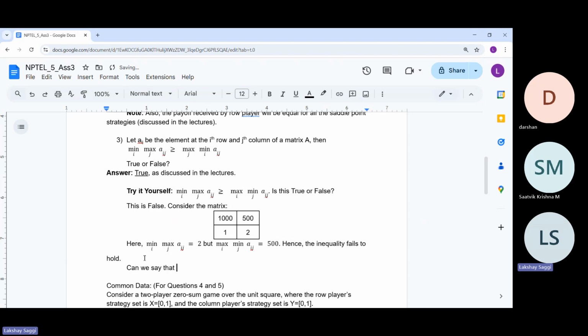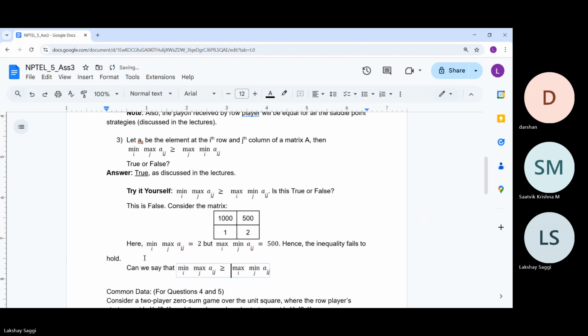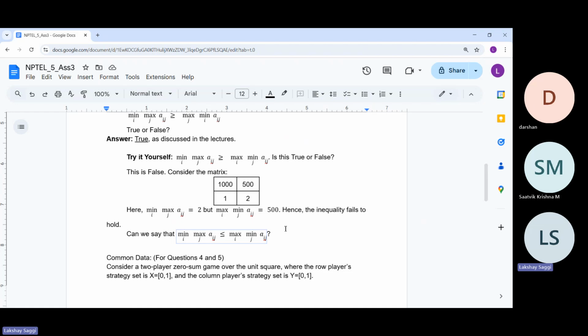Can we say that? We know that this is definitely false, but is this true? If we replace it by a less-than-or-equal-to sign, is this statement true or false? We know that it is not always the case that this inequality holds, but it does not mean that if this fails to hold, then the other always holds, right? We should still think about whether this inequality holds over all matrices. So what do you guys think? Will this inequality hold?